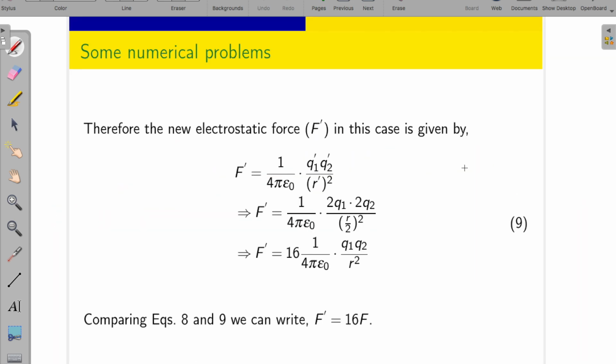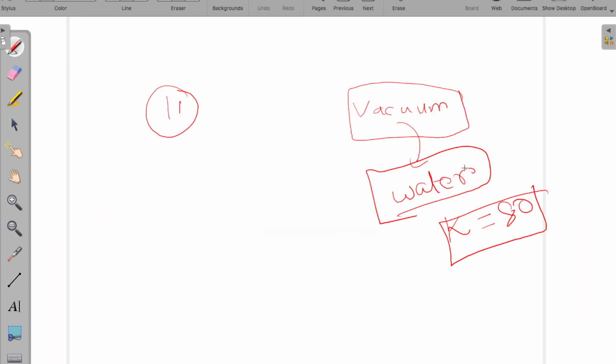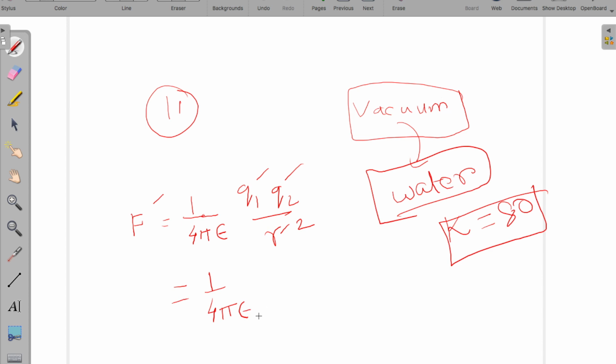Okay, now let's do it. The new force, F dash, as soon as it is put in water, the permittivity changes from epsilon naught to epsilon: F dash is equal to 1/4 pi epsilon, twice q1 twice q2 by r/2 whole square.